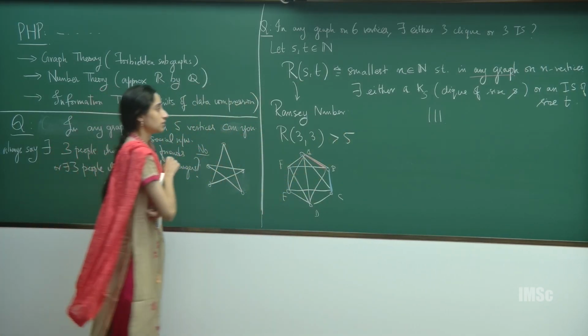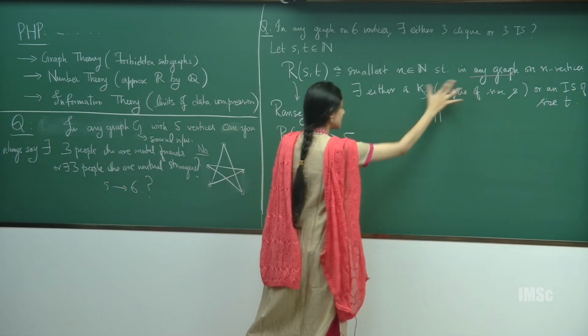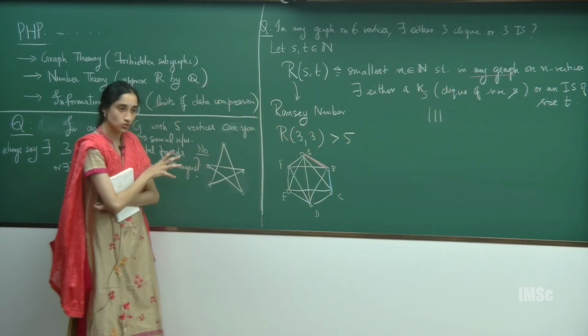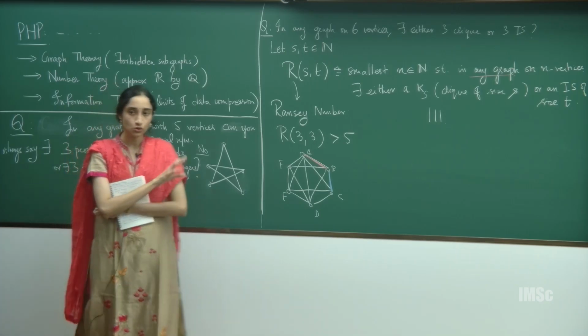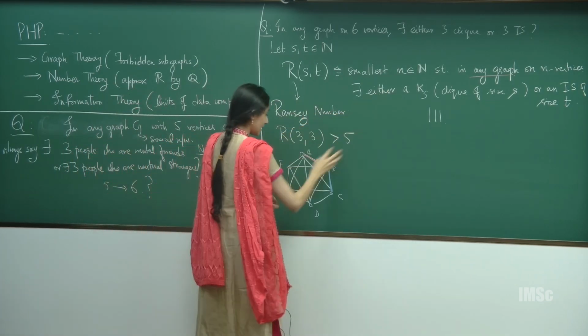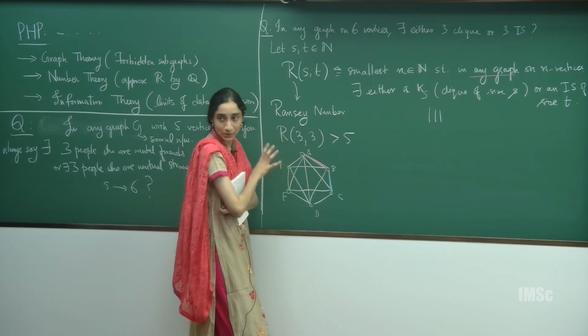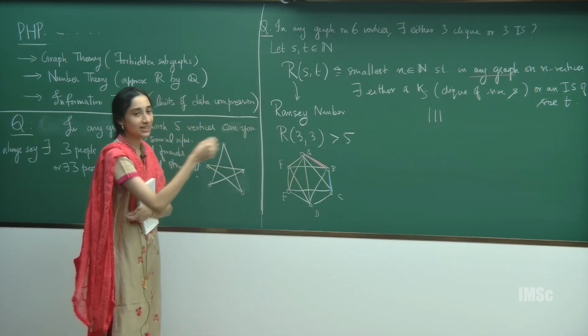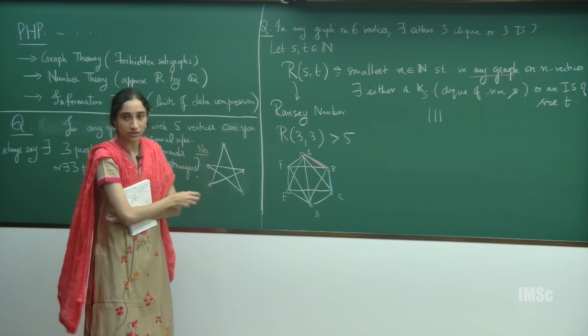So this "any graph" would mean that no matter what edge coloring you choose, you should be able to do this. Every graph here can actually be drawn like this by using a coloring. I mean, when there is an edge, you put a red color, otherwise maybe don't put a color.